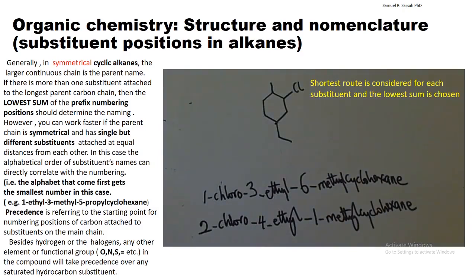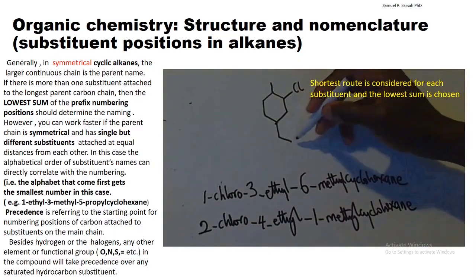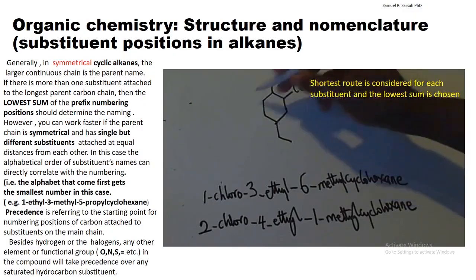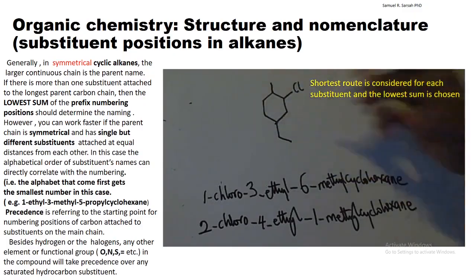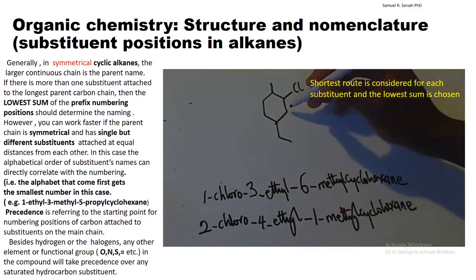That's another possibility. Now the other possibility is also looking at the ethyl group, and then say we're going to start counting from here and go this way. Okay, that means this will be a carbon number 1, then number 2, number 3, 4.